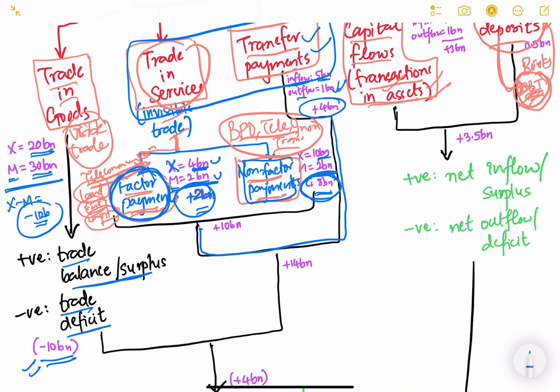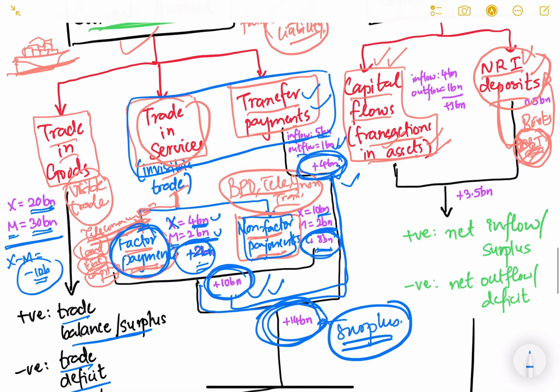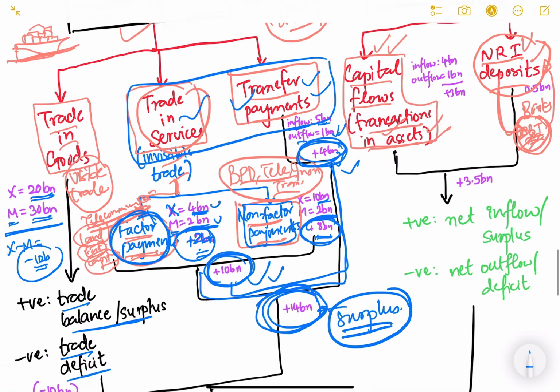So total invisible trade was 10 billion surplus, right? 2 plus 8, 10 billion surplus. Now transfer payment was another 4 billion. So when we combine these two, we get a plus 14 billion. Okay, plus 10 billion plus 4 billion. So plus 14 billion is a surplus in the current account, in these two heads combined.